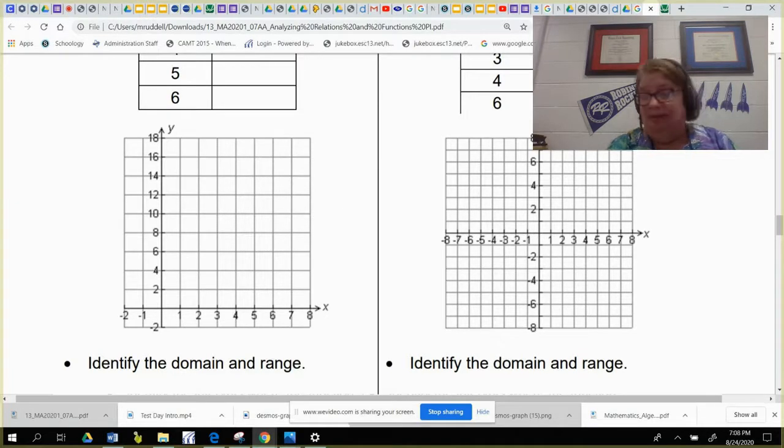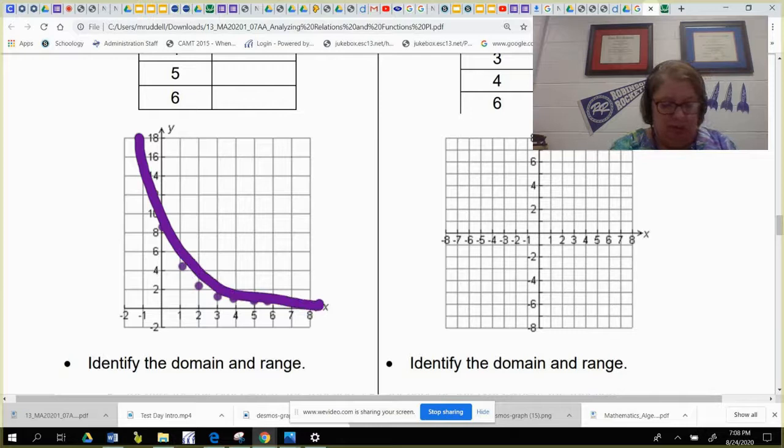We had -1 and 16, 0 and 8, 1 and 4, 2 and 2, 3 and 1. It gets really, really close. We go like 0.25 and 0.125. Remember I told you that if they give you an equation, you would go ahead and connect these points.